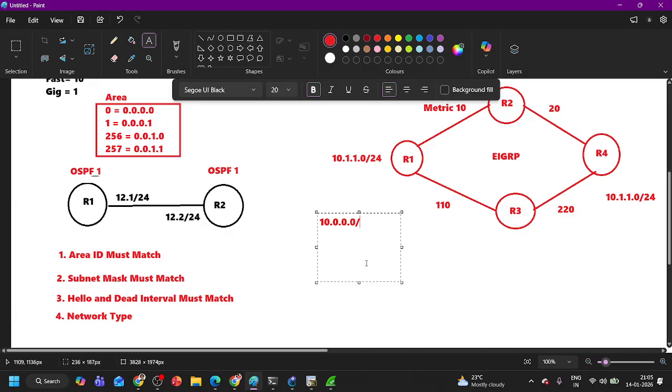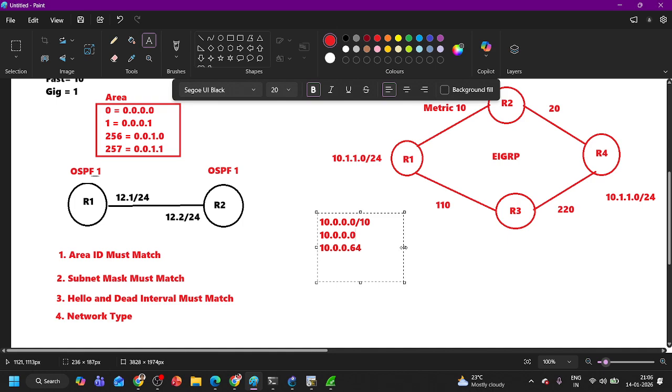So solve this subnetting question: 10.0.0.0 slash 26, let's say. What will be the first network ID? First network ID is 10.0.0.0. And the second network ID is 10.0.0.64.